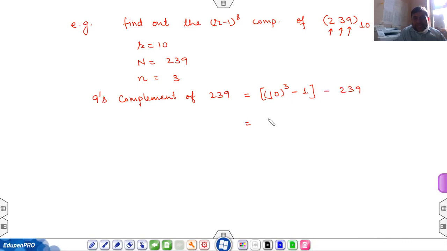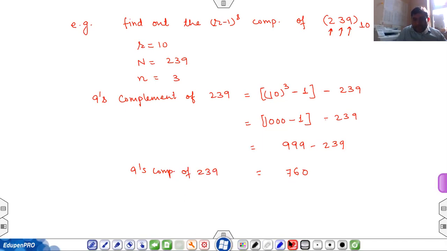Now 10 to the power 3 is 1000, minus 1, minus 239. This number is 999 minus 239. So the answer will be 760. So this is the nines complement of 239.